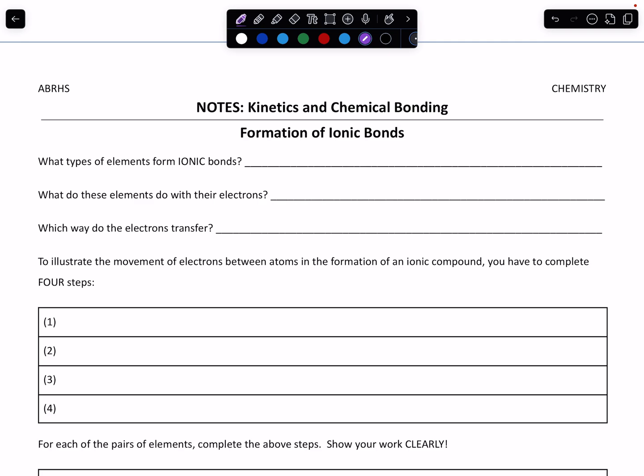All right. So we're going to start with just a refresher. What types of elements form ionic bonds? Well, we know that those are going to be our metals interacting with our non-metals, and those elements are going to be transferring those electrons. So then the question that we haven't really talked about too much is which way do those electrons transfer?